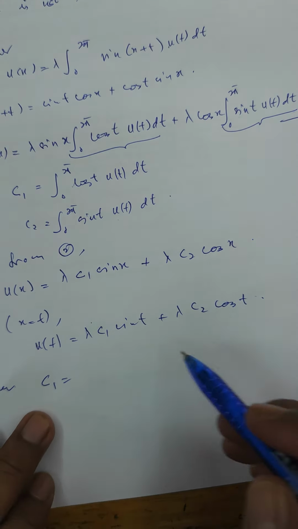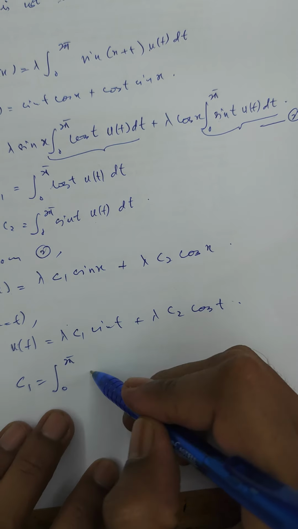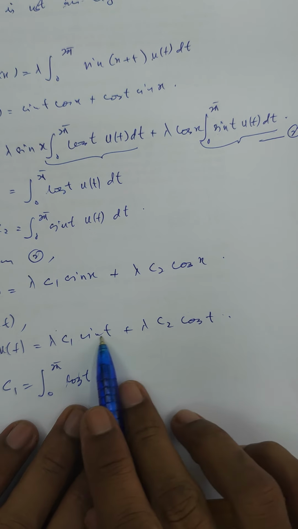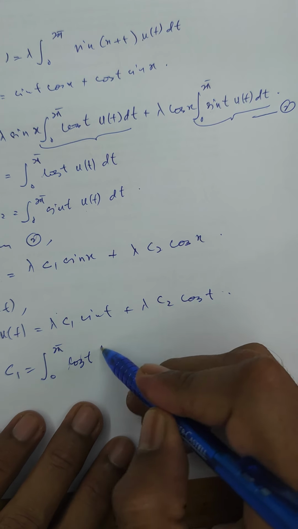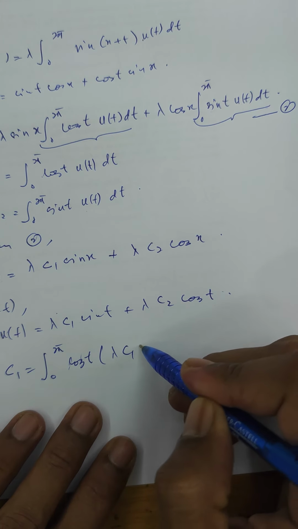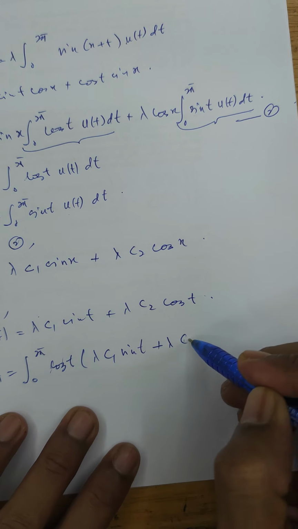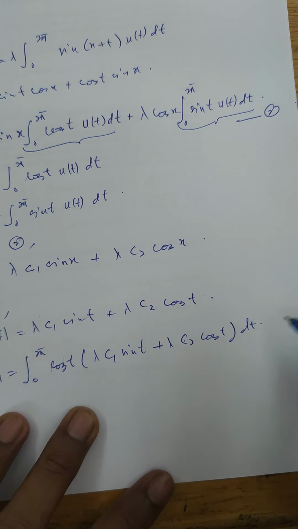So for c1 we have that one, integrate 0 to 2 pi cos t, substitute those things, that we have lambda c1 sin t plus lambda c2 cos t dt.